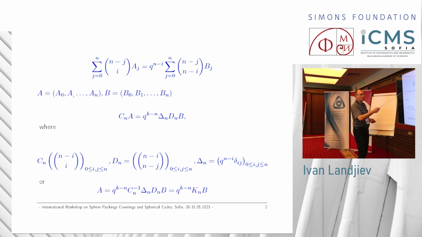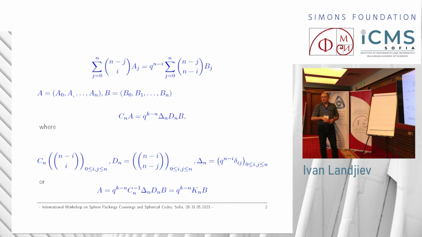In matrix form, if this is a vector, the so-called spectrum, here the A_0 is missing, A_1 and so on, then the matrix A is some number times a matrix K_n, which is denoted by K because the Kravchuk coefficients show up there, and this is the spectrum of the orthogonal code. This was taken from Simone's paper from the 90s. And so these are the classical MacWilliams identities.